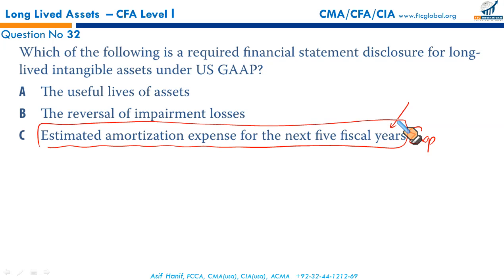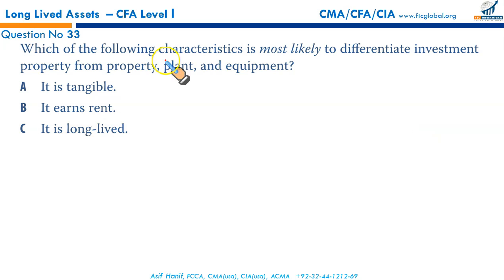They keep hooked up, and you would know exactly that this was something we read in our questions. So where the theory fails you, or maybe you didn't remember, the questions will fix the ideas in your head. That's why I focus more on questions, because things get fixed in your mind through questions. Which of the following characteristics is most likely to differentiate investment property from property, plant and equipment?